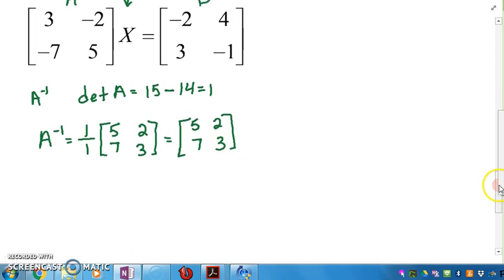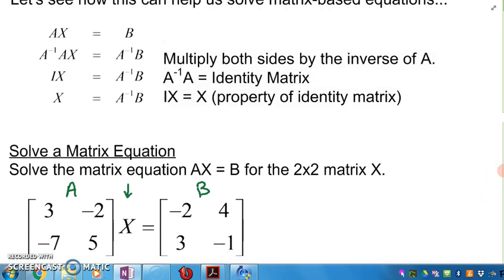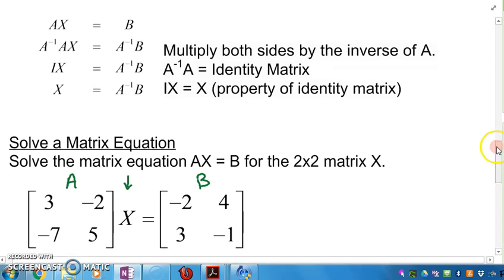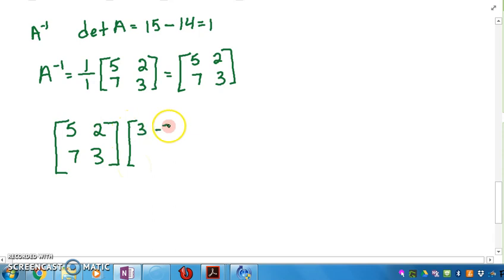So now, as you'll see if you have written this down in your steps, now that we have A inverse, we do A inverse on both sides. So we multiply both sides by A inverse. So 5, 2, 7, 3, that's A inverse, times the matrix A, which is 3, negative 2, negative 7, 5, times matrix X, because that's still there.